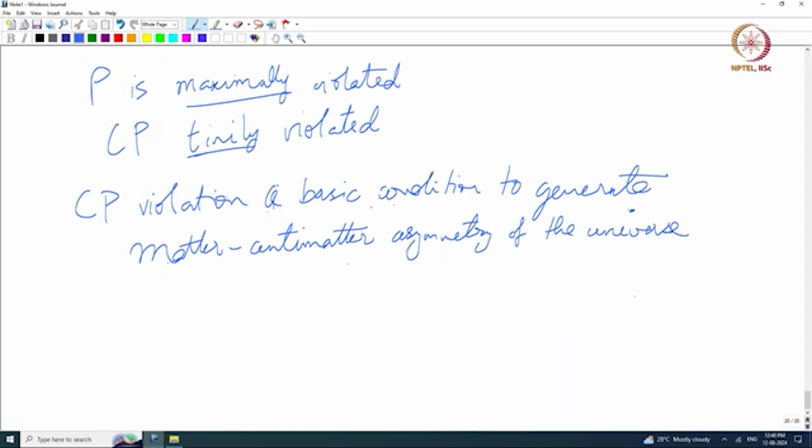Baryogenesis. This is one of the 3 conditions. Okay, so I will just write it. One of the 3, it is called Sakharov conditions.